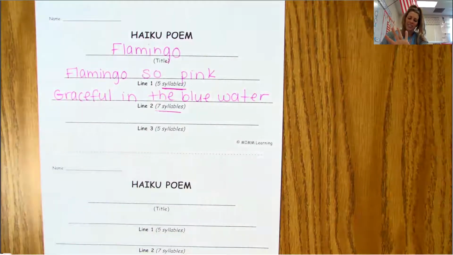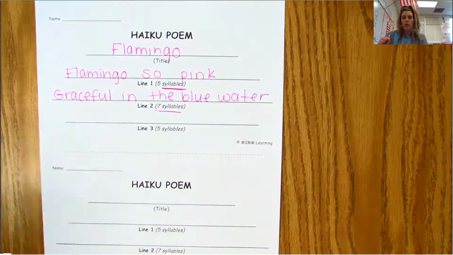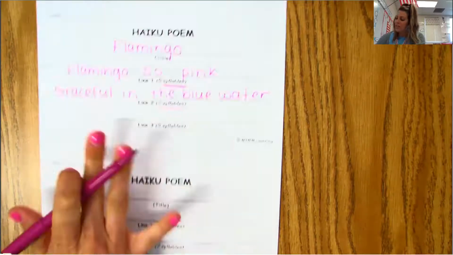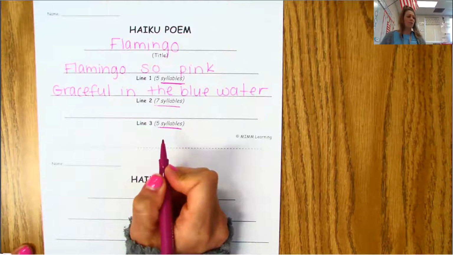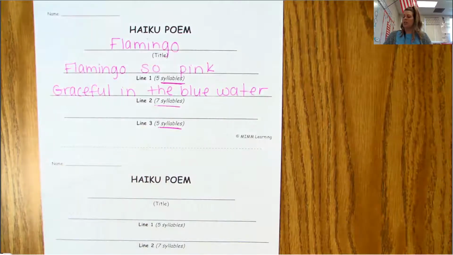And I always just check it 2 times just to make sure. Have mom and dad check yours too, okay? You might be over there doing the chin trick and everyone's thinking you're crazy, but that is the right way to do it. All right, so then our last one has 5 syllables, not 5 letters, not 5 words, 5 syllables. All right, so I thought it was so graceful because it stands on its leg, right? Maybe I could say stands on one leg.